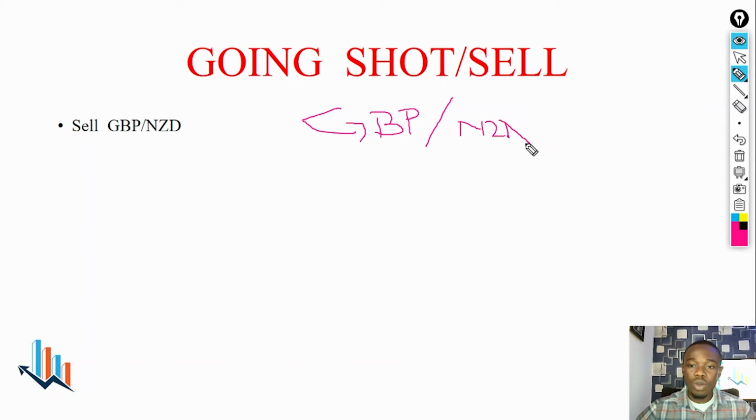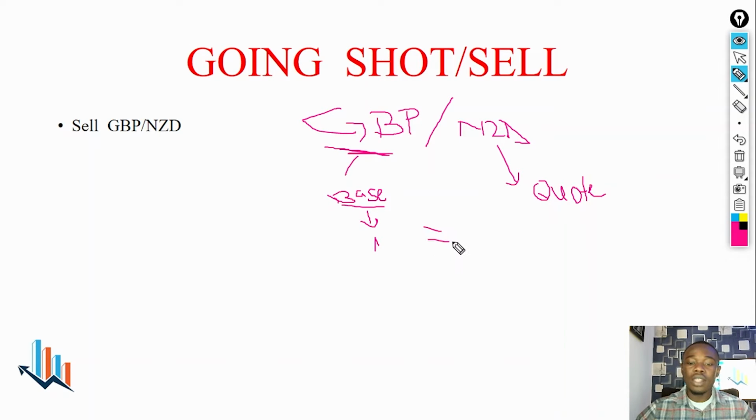The pound here is the base currency, and the New Zealand dollar here is the quoted currency. And always don't forget the base currency has a value of 1, and the quote currency has the value of the exchange rate.